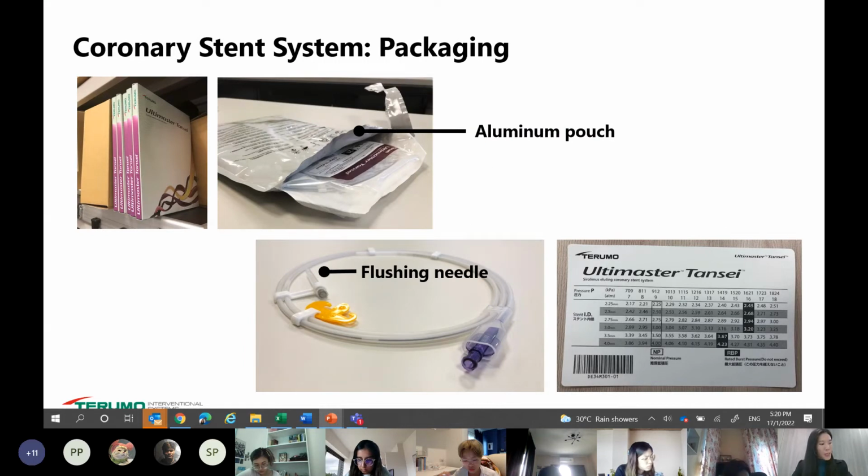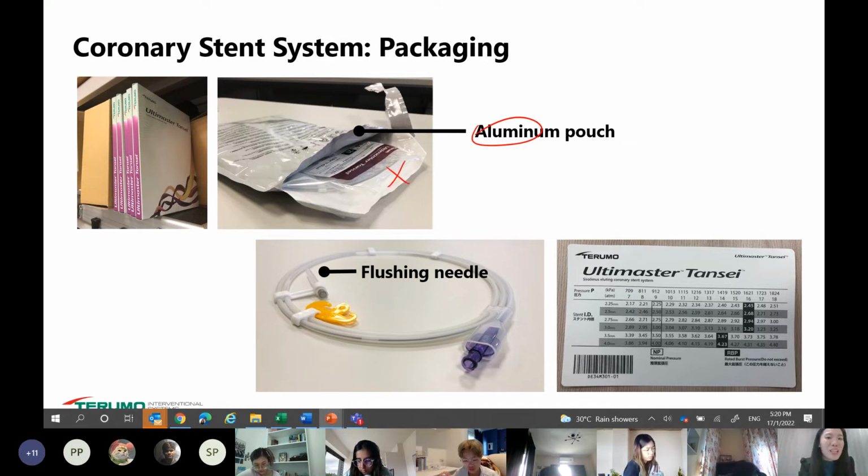For the packaging of a drug-eluting stent, it's quite unique because there's drug on the stent itself, right? So this drug must be compatible with the patient's body. It's quite sensitive to heat and light. So typically this device is packed in an aluminum pouch, and it's quite straightforward again.